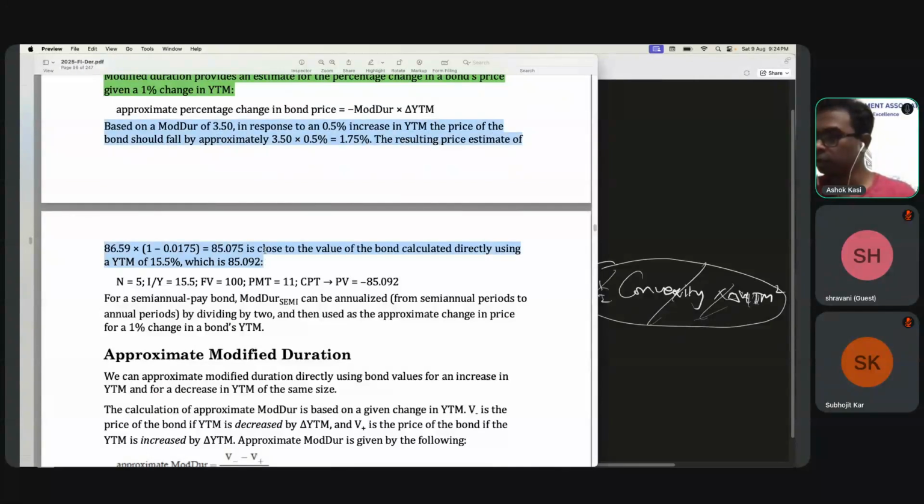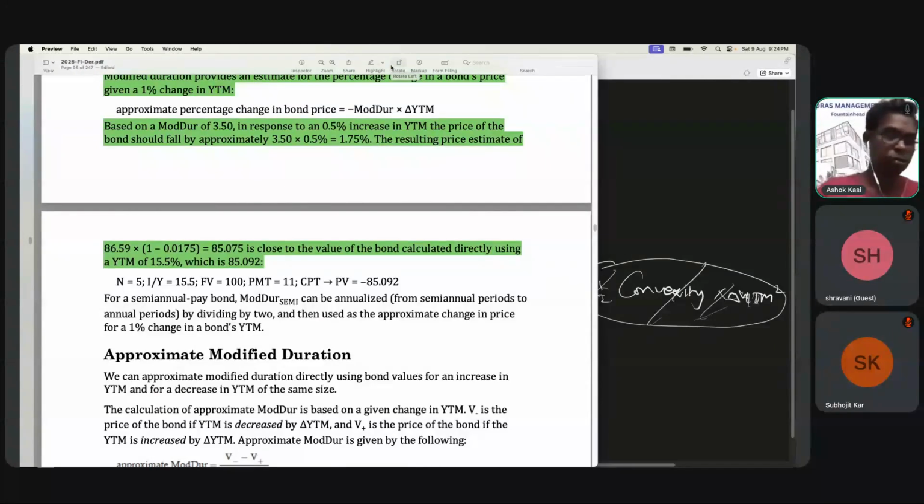See if you are able to understand all this. Is it okay? Yes, sir.